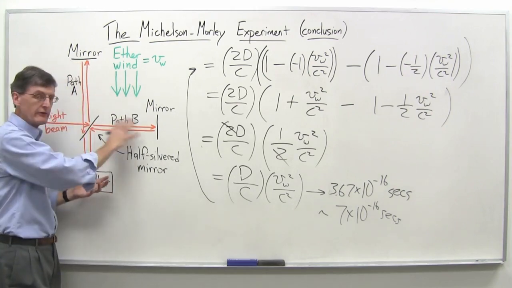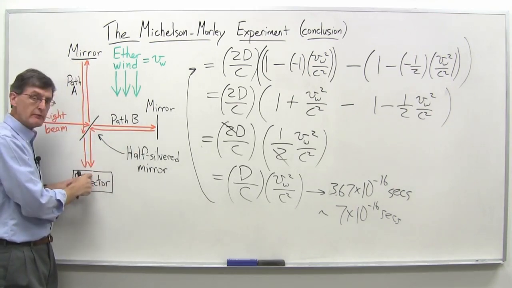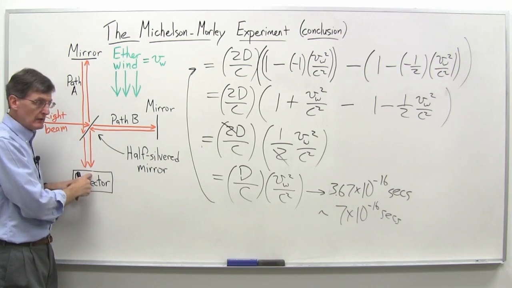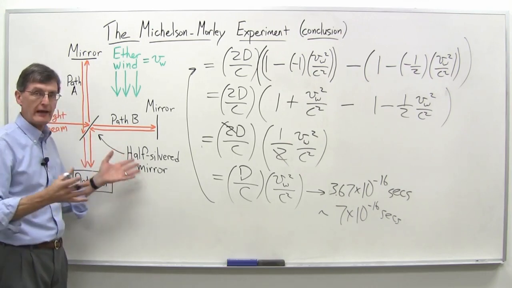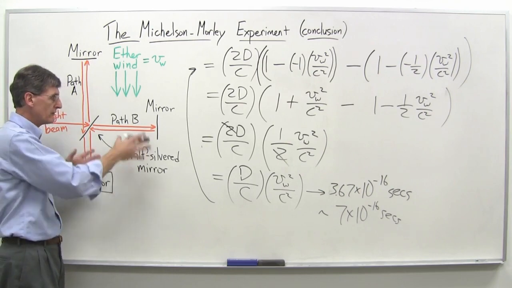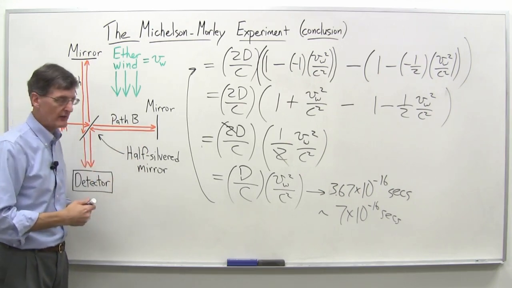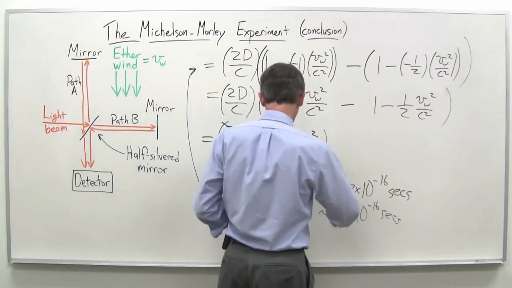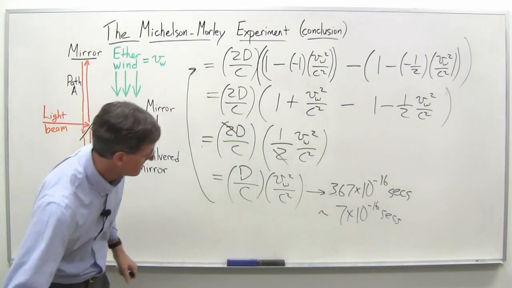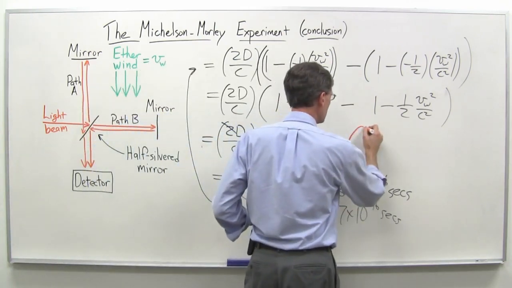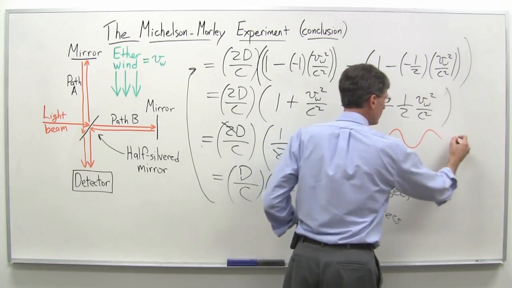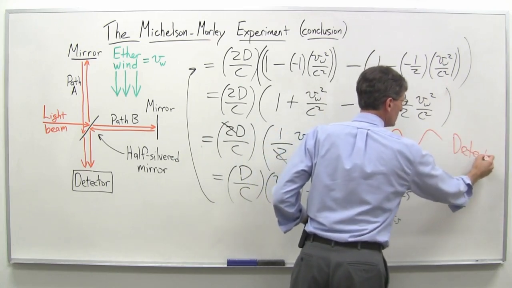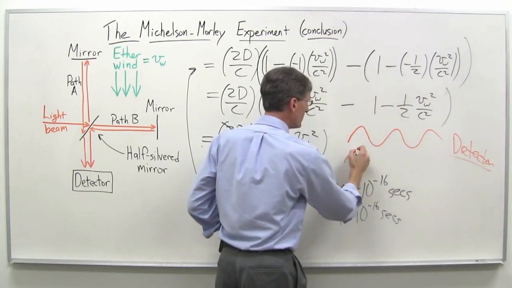The two light beams take their different paths. They recombine back here at the detector. If there's been no path difference at all, no time difference, they both arrive back exactly at the same instant, then you can imagine the light beams coming in here. We'll just use orange. Here come the light beams back into the detector here, and here comes the other one in.